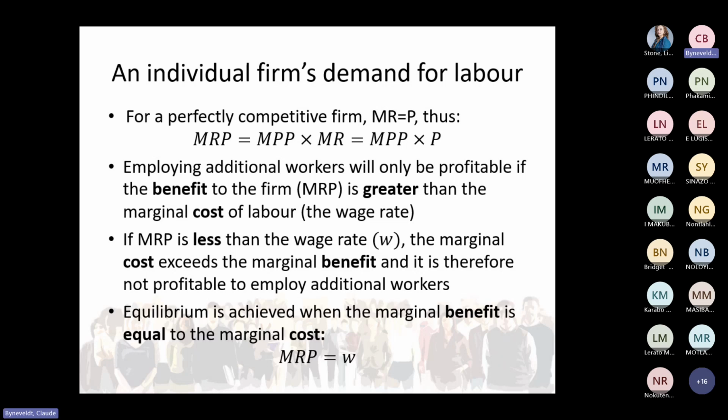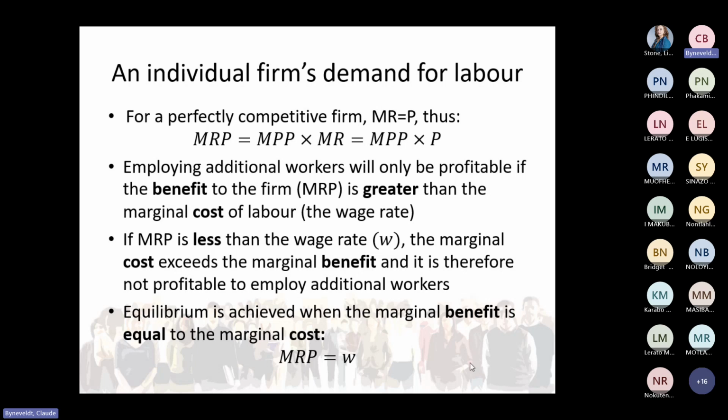And then when is equilibrium reached in the labor market? Equilibrium in the goods market is reached when what? When the quantity supplied is equal to the quantity demanded of goods and services, at the equilibrium price and equilibrium quantity, when the market is cleared.